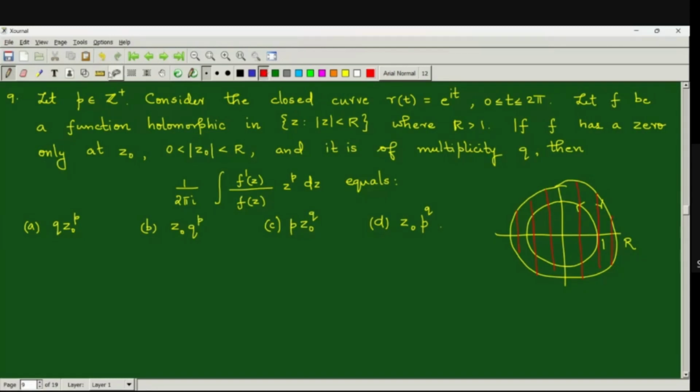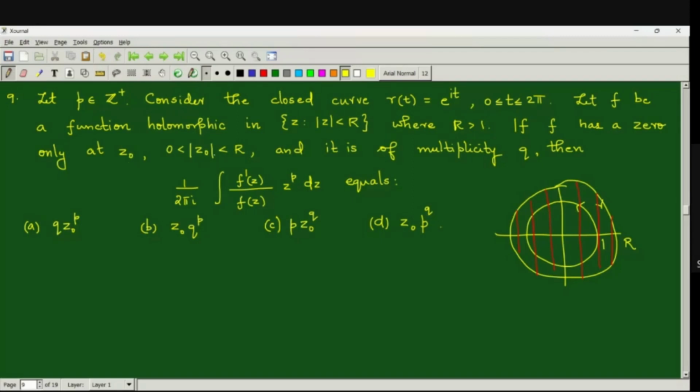Means what? f is analytic inside and on the curve. Then what are they asking? If f has a 0 only at z naught, and that z naught is in the disk of radius R.